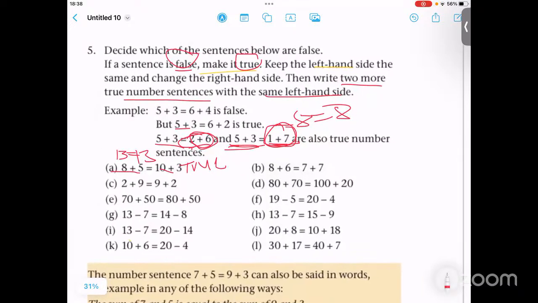Now let's look at B. B says 8 plus 6 is equal to 7 plus 7. Now, what do you get when you add 8 with 6, Naledi?